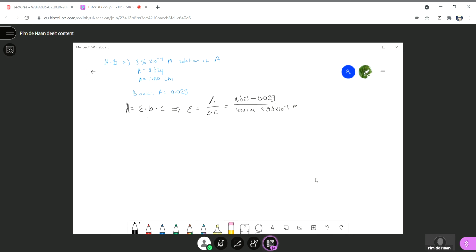I'm going to write this as mole per liter. Okay, then you type this into your calculator, and you would find 1.50 times 10 to the third. So that's the number. We need a unit.